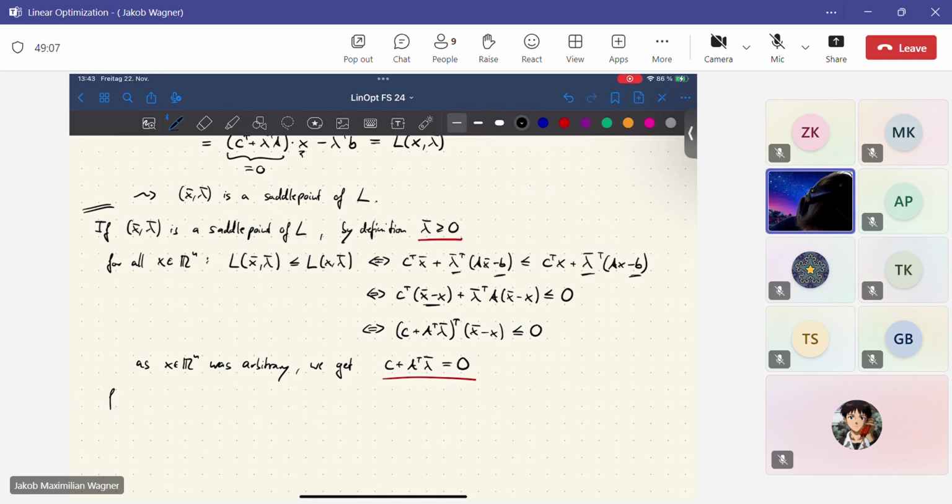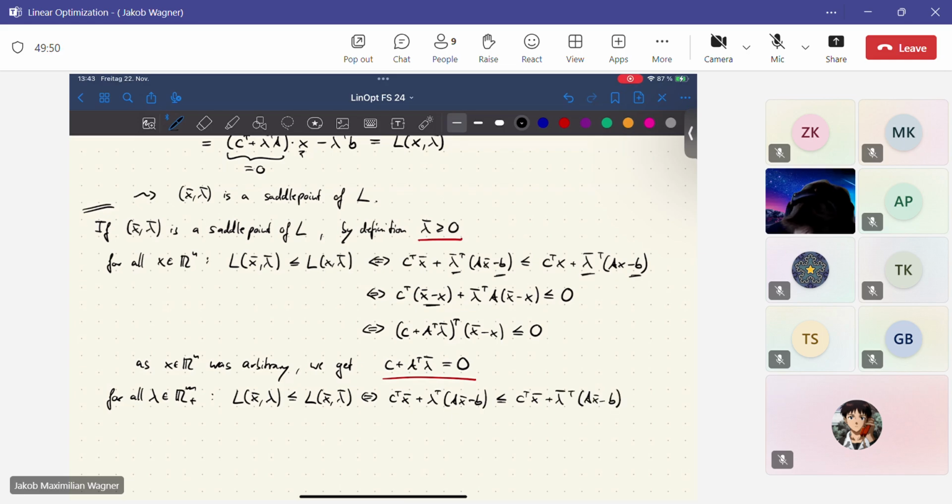So if we vary the lambdas, for all lambda in R^m_+, we have now that L(x bar, lambda) is less or equal than L(x bar, lambda bar), which, just using the definition, is equivalent to c transpose x bar plus lambda transpose (A x bar minus b) being less or equal than c transpose x bar plus lambda bar transpose (A x bar minus b).